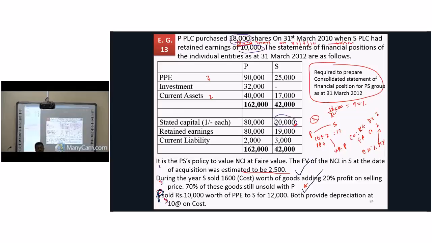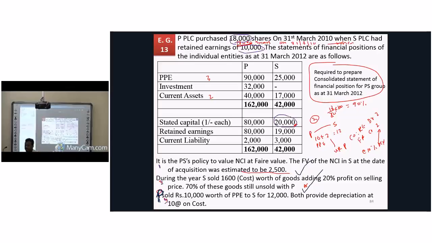But there is an artificial added profit to the group of 2,000. Their depreciation has been overestimated by how much? 2,000 into 10% for how many years?